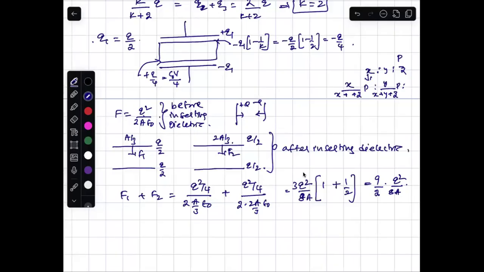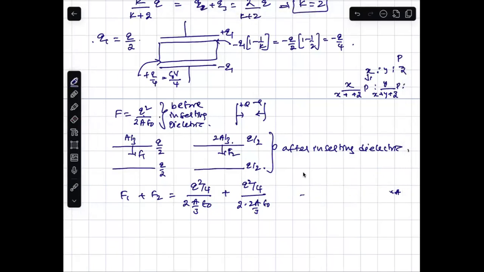Right. Now, please confirm whether you have properly followed this or not. Now, this will become Q square by 2A epsilon naught, you take common, 3 by 4 plus 3 by 8. So F final is F initial times 9 by 8.